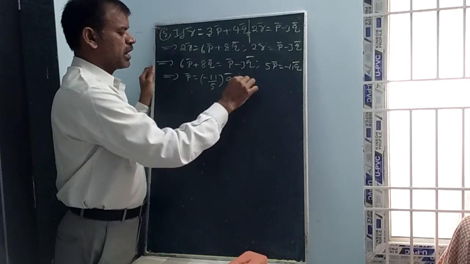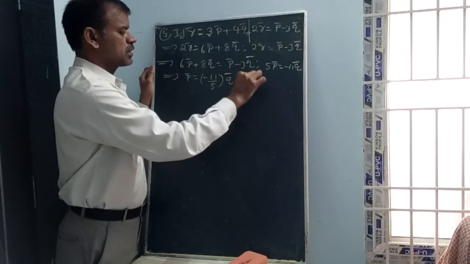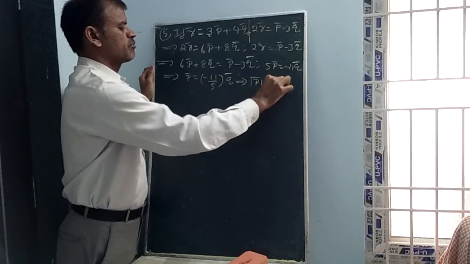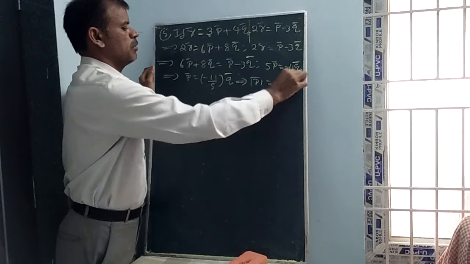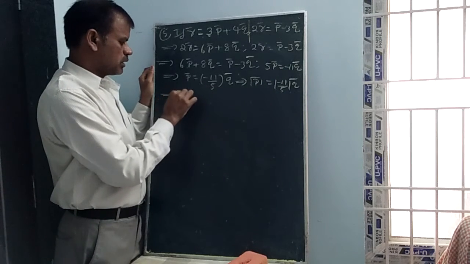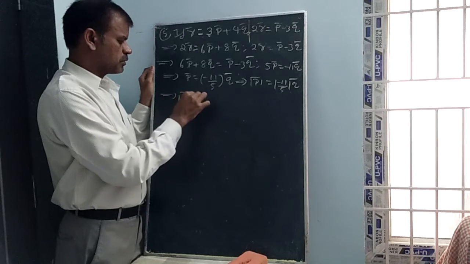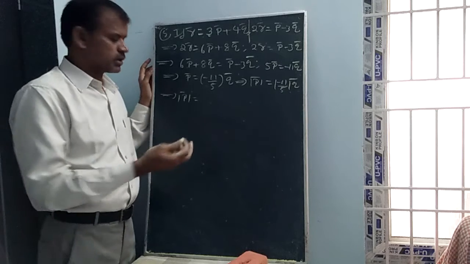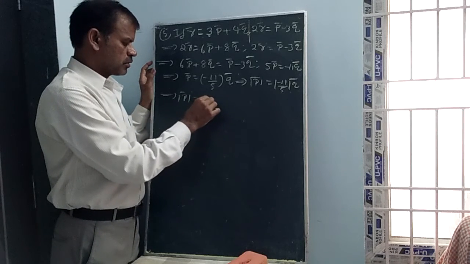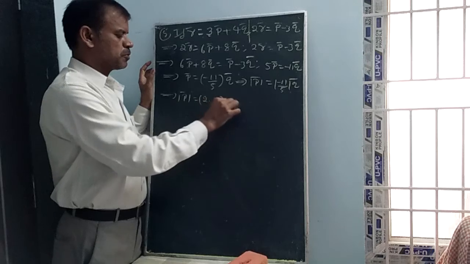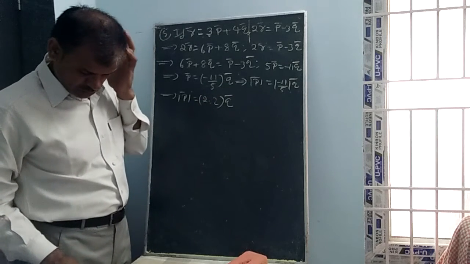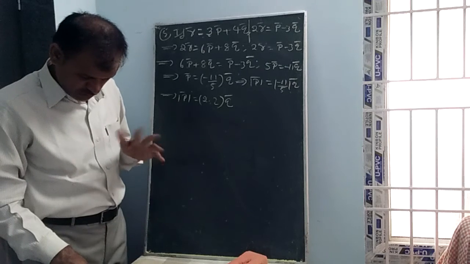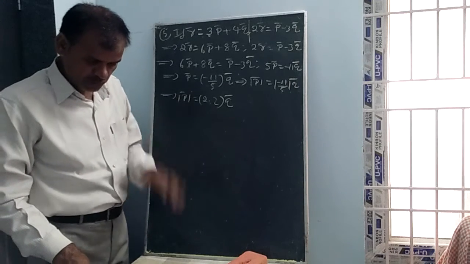Taking magnitude, modulus of p bar is equal to modulus of minus 11 by 5 into q bar. So modulus of p bar is 11 by 5, meaning 2.2 into q bar. Now using the options, r bar and q bar are given for everyone.